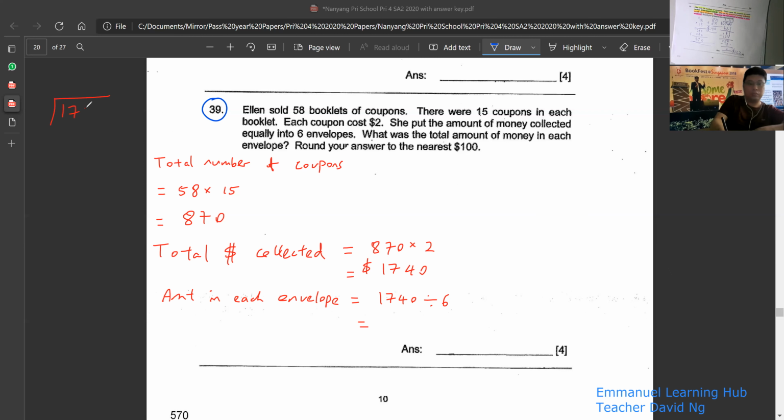Not 1, 2, 3. 1740 divided by 6. What's the answer? Can you do the division? I want to see how you do. Oh, I forgot to put the 1 in here. I do the division. Yeah, you do.